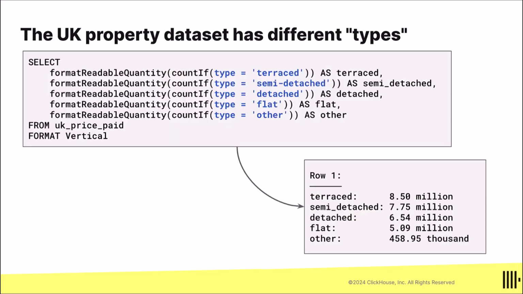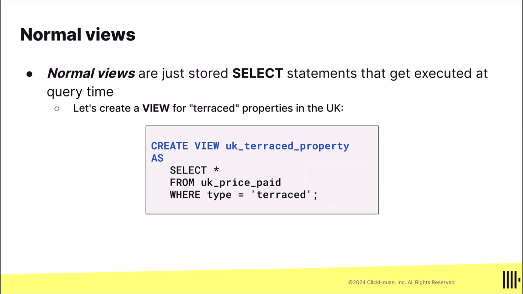And it's nice. Suppose I have a query that I want to run a bunch of times. Like here, in the UK price paid table, the type column has these 4 or 5 different values: terraced, semi-detached, detached, flat, and other. And you can see there's different amounts. Looks like terraced is the most. So what you could do feasibly, if you were going to write a bunch of queries that were constantly filtering by terraced properties, is create a view.